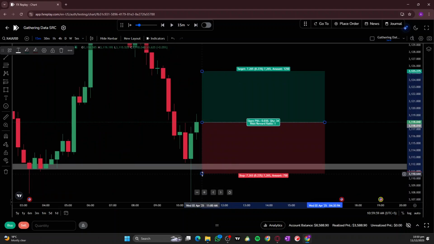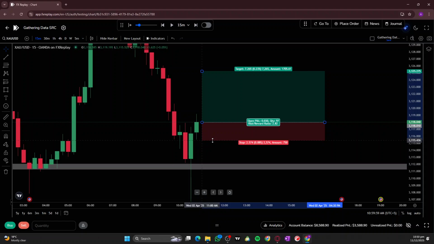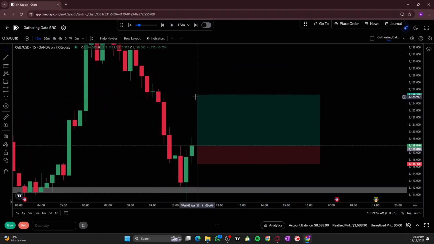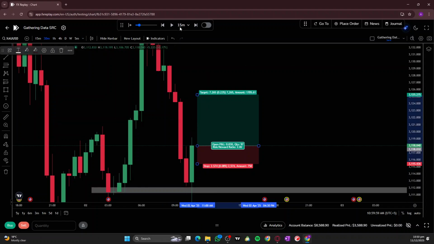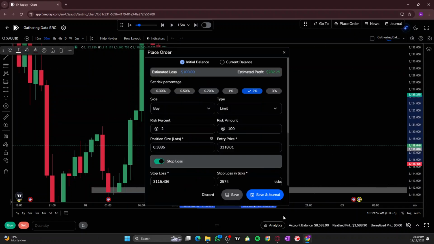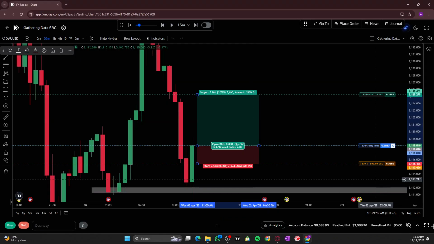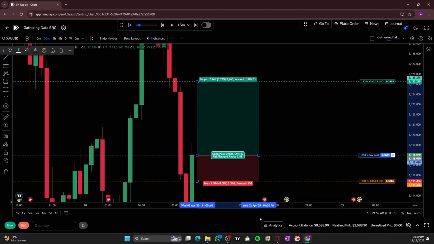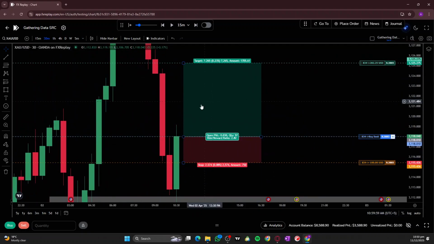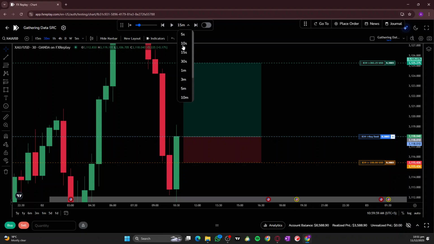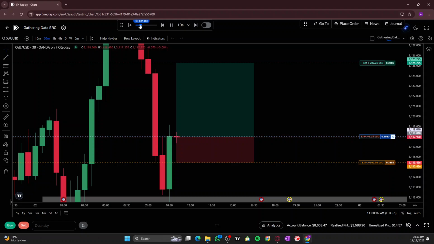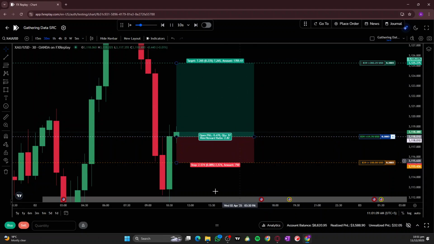Where will be my stop loss? Stop loss will be somewhere over here, and TP will be the same. Yeah, now it looks perfect. I took that trade on the 15-minute time frame. Now let's just let it play. It's gonna first go make a low.